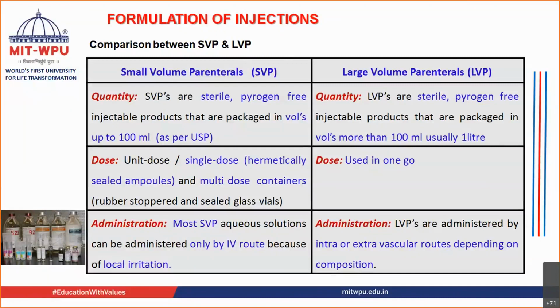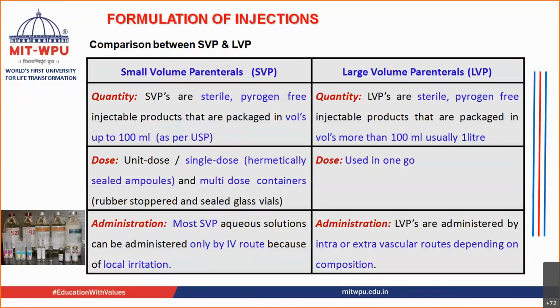As the name suggests, a small volume. So the quantity that is present in small volume parenterals is less. The quantity right from 1 ml to 100 ml comes under a small volume parenteral as per USP. Small volume parenterals and large volume parenterals both are sterile, both are pyrogen free.